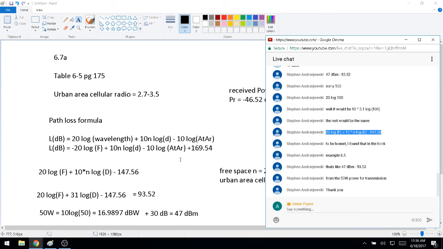I guess really quick we'll talk about part D, because part C is just repeating what we just did with a distance of 10 kilometers instead.